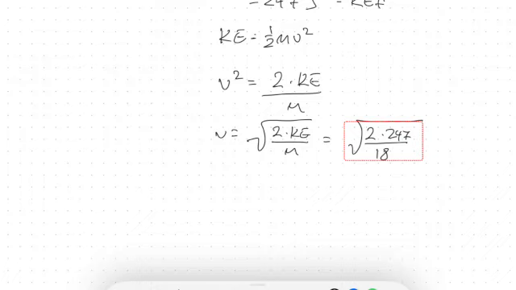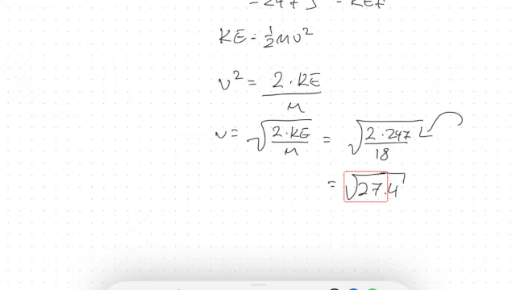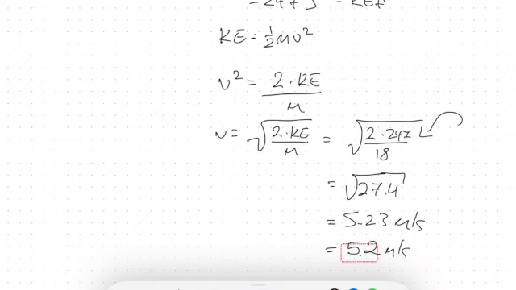So it's easier with your calculator to calculate all this first and then press square root. 2 times 247 divided by 18. I get square root of 27.4. I go square root equals. That's 5.23 meters per second, around 5.2 meters per second.